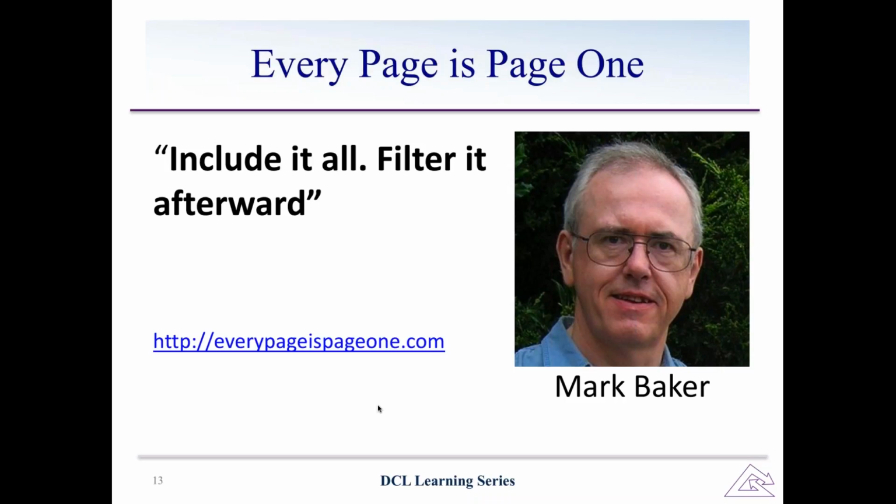But one of the fundamentals of what he says is include it all, filter afterward. And I realized as I was thinking through this that in fact that's pretty much what I'm saying as well, that in this context where we have branch filtering, where the same content can reflect many different conditions, and you would like to have a single deliverable object, a single HTML page that has those different conditions in it and then can be dynamically filtered, that's exactly what Mark Baker is talking about, at least partly, in his every page is page one.